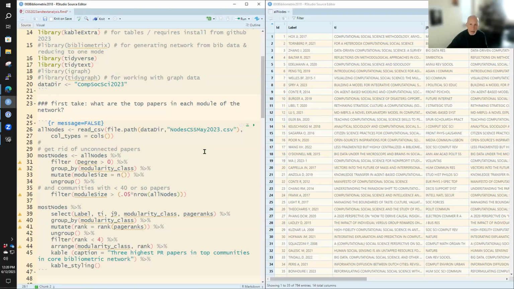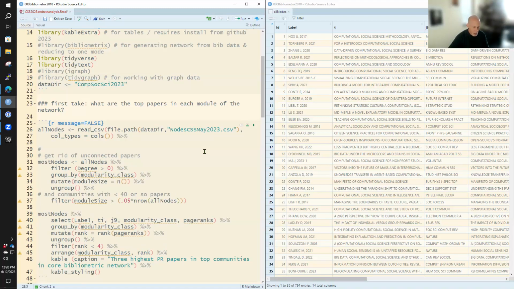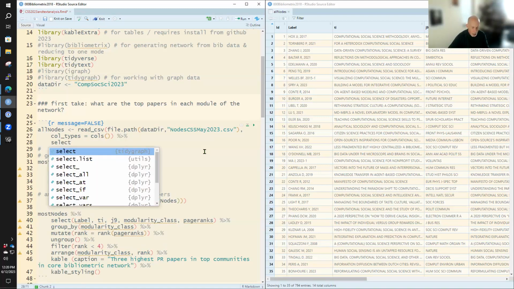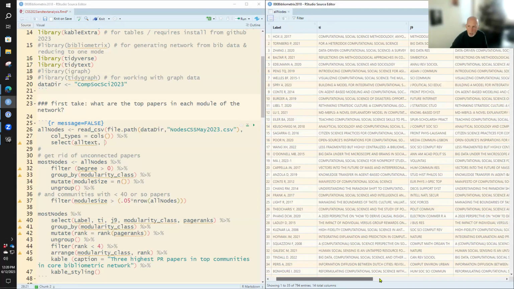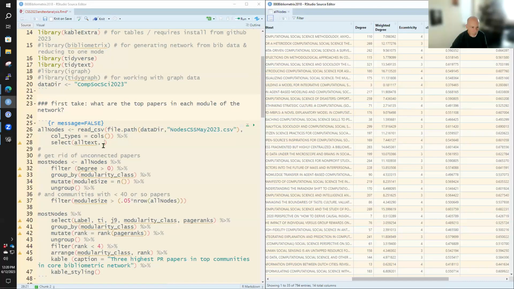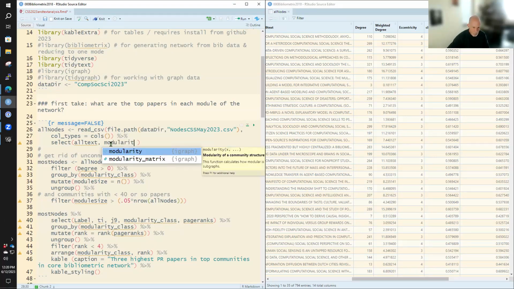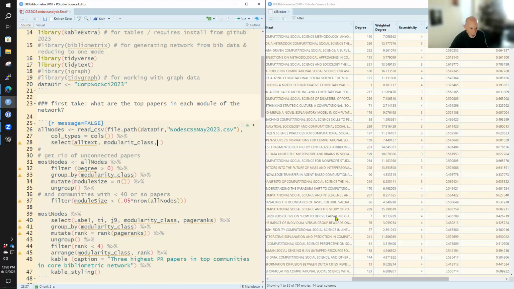So I'm editing this, and the fields that I'm concerned with are, let's see, I'm concerned with all text, and I'm concerned with modularity class, and I am concerned with page rank.